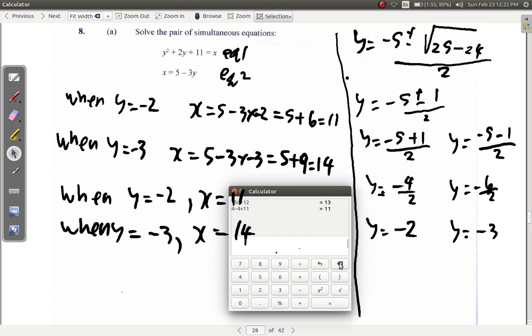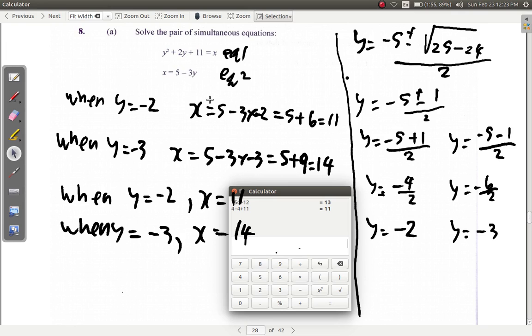Good, that one works. And we know it works already with equation 2, because 5 plus 6 is 11.